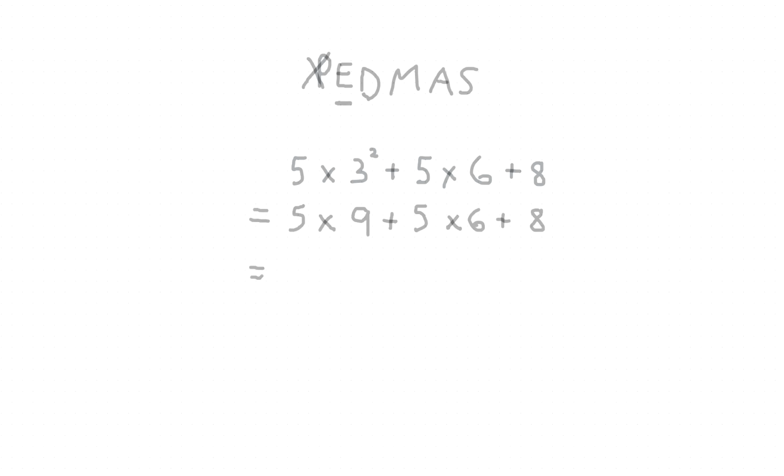Now division and multiplication: do those in whichever order comes first. There's no division, but we have multiplication here and here. 5 times 9 and then 5 times 6. 5 times 9 is 45, good. 5 times 6 is 30, good. And then plus 8.